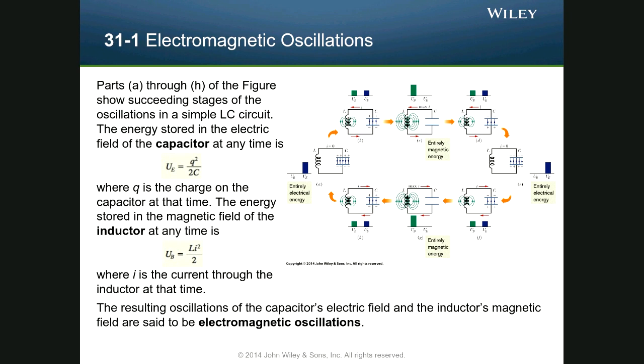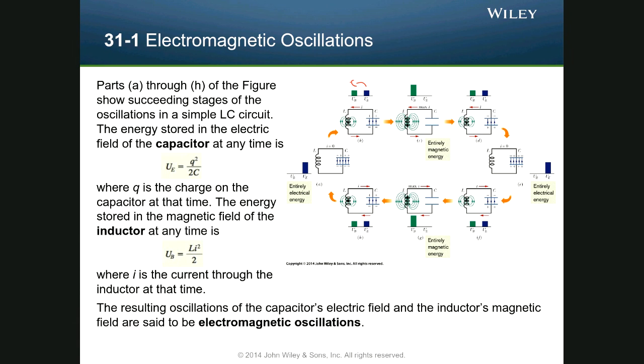So you have an increasing current and a buildup in your magnetic field, and the energy is decreasing from the capacitor and going to the inductor. We're losing energy from the electric field and gaining it in the magnetic field.